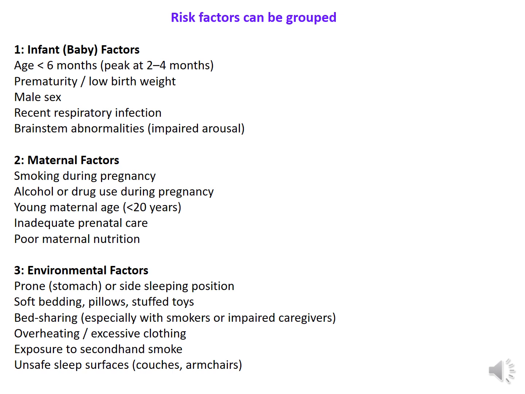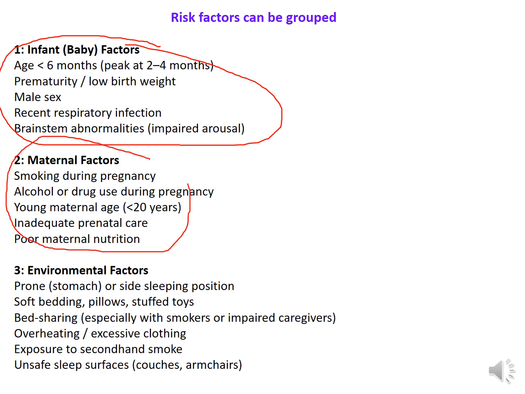Right, so now I have categorized it according to groups. That means infant or baby factors: male sex, which is important, and also mild respiratory tract infection, brain abnormalities, and what do you think about the peak age? We are going to discuss it very soon. About maternal factors, such as smoking during pregnancy, substances of abuse, young maternal age, etc. And also many other things as well.